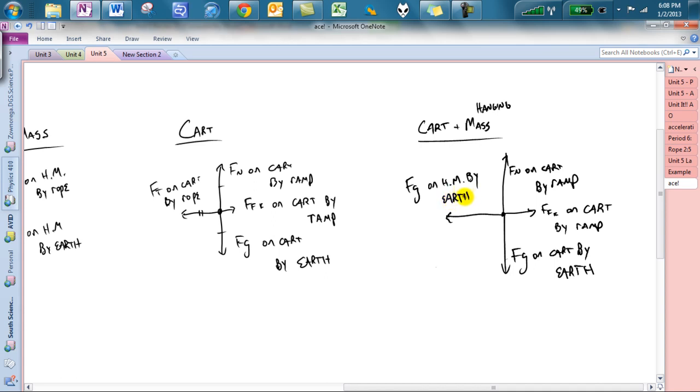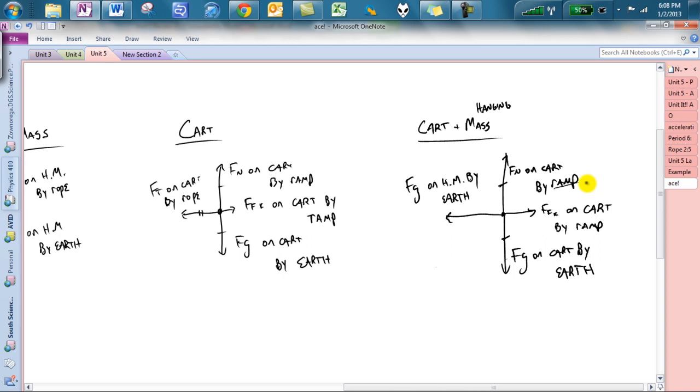And so what I always like to point out is we're looking at every outside object that is acting on our system. So the Earth is technically, in this case, pulling the hanging mass to the left because the pulley has redirected that force. If that confuses you, go back to the pre-lab. We did a whole explanation on how those force diagrams worked. These 2 are still equal to each other, but I want you to note the FN, the table, or the ramp in this case, is only pushing the cart upwards.